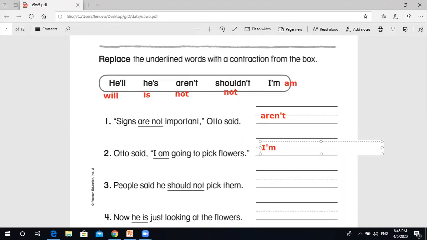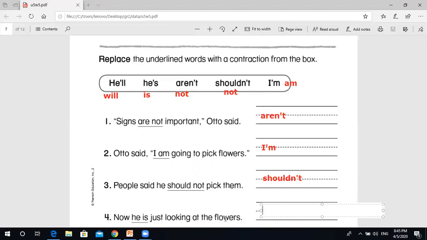Don't forget to write the pronoun I with a capital letter. Okay, people said he should not pick them. Shouldn't. The verb plus not. Combine them together to be one word.